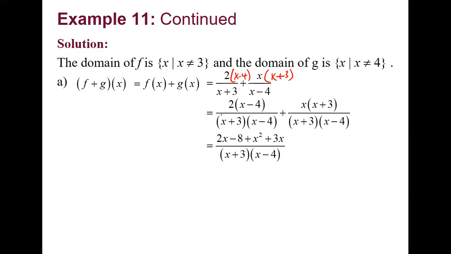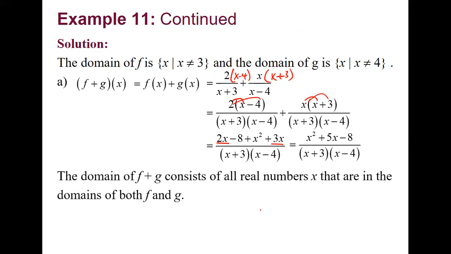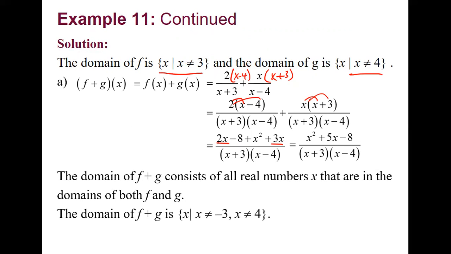So I distribute my coefficients and variable. And now I'm going to combine like terms. So that's 2x and 3x. Like terms have been combined. I can do nothing else. So therefore, my domain is both of them. So my domain did not change. x still cannot equal -3 and x still cannot equal 4. So my domain is joined.